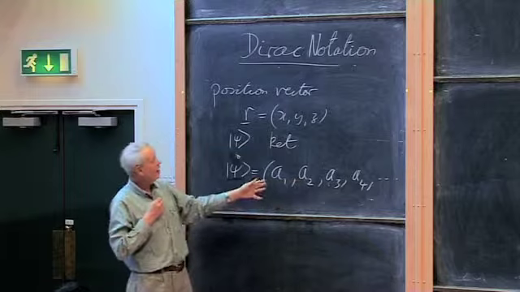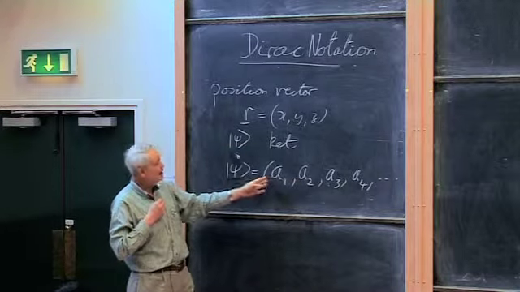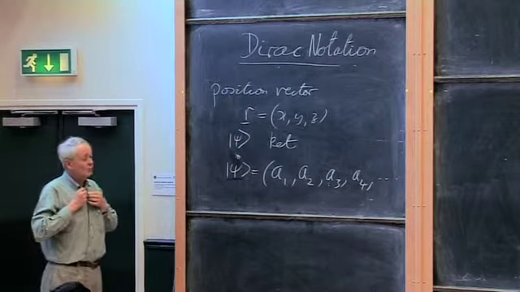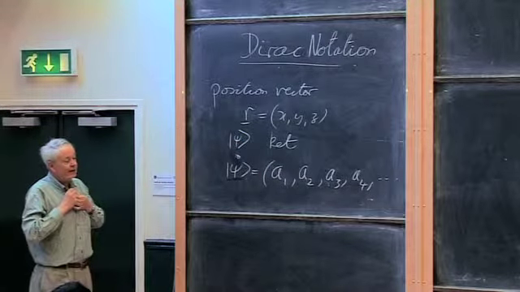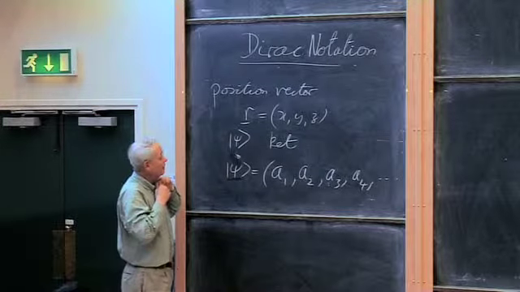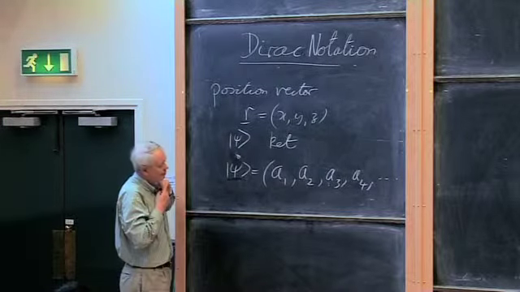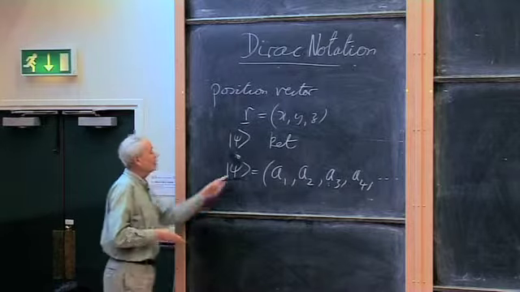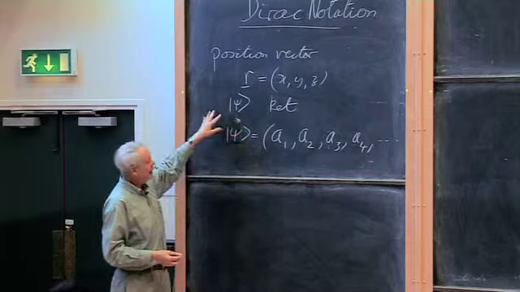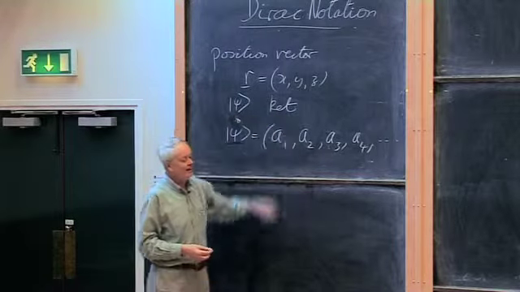We might find it convenient to use instead the amplitudes for the different possible measurements of the momentum or the position or whatever. We leave that flexible by using this symbol, the ket. And of course that is the back end of bracket.